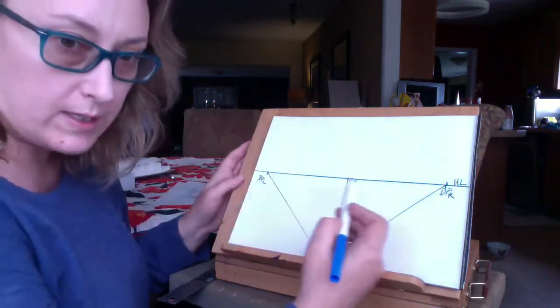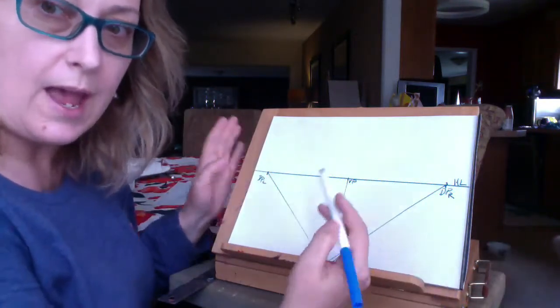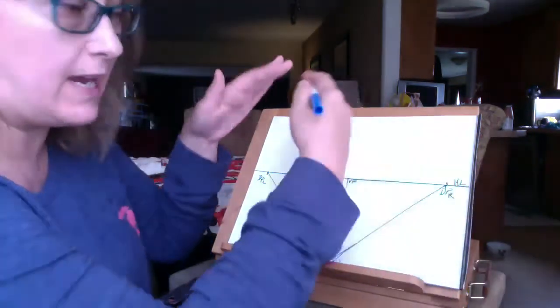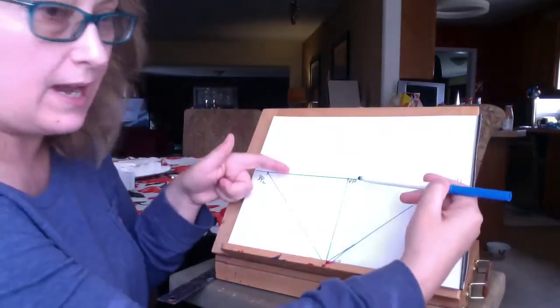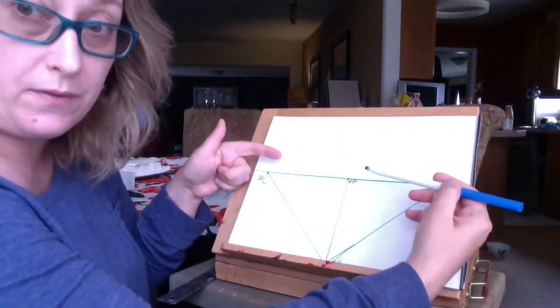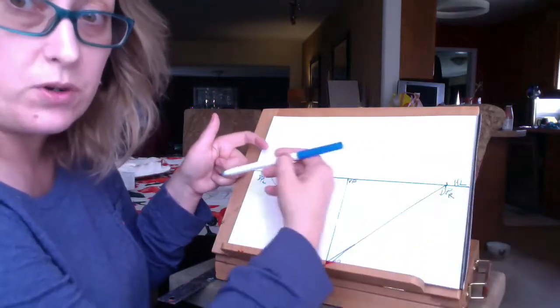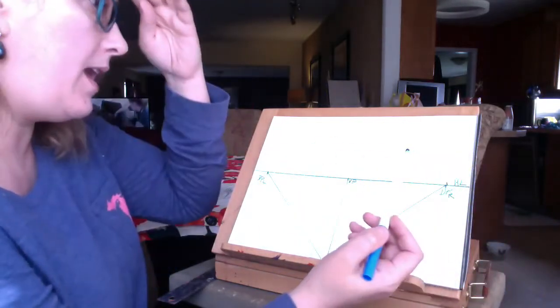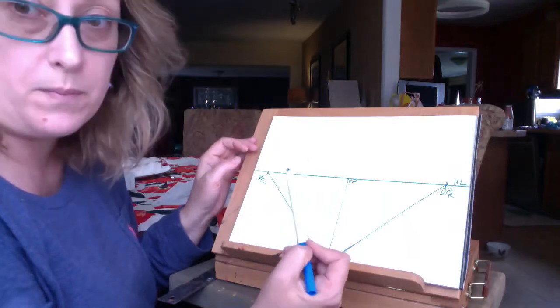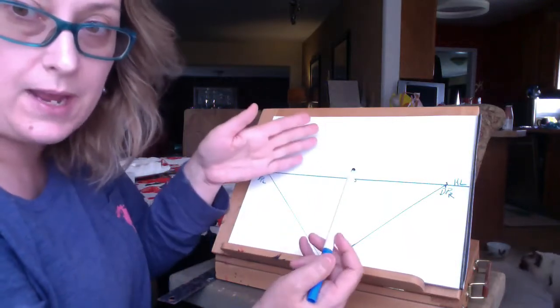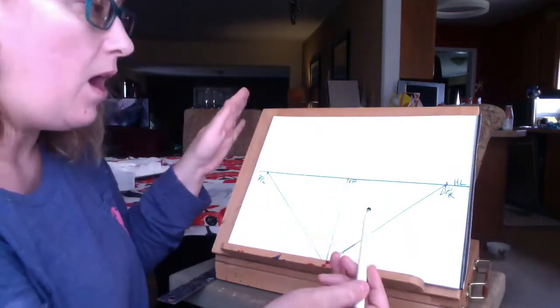So you'll always begin by setting this up. And whatever size paper you have, if it's 18 by 24, then you're going to set it up at 9 inches or maybe 10 inches above the bottom of the page to create your horizon line. And then if your paper is 24 inches wide, then your vanishing point will be at 12 inches into the page in the center, okay?